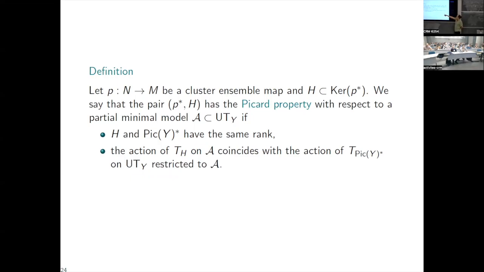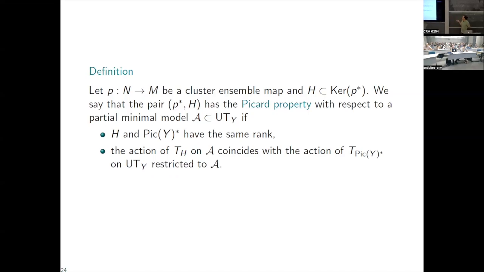H and this lattice have the same rank, and this torus is acting here, and this torus is acting here, and this contains here. So I'm just asking that the action of T_H coincides with the action of this torus restricted to A. Then I will say that I have the Picard property.